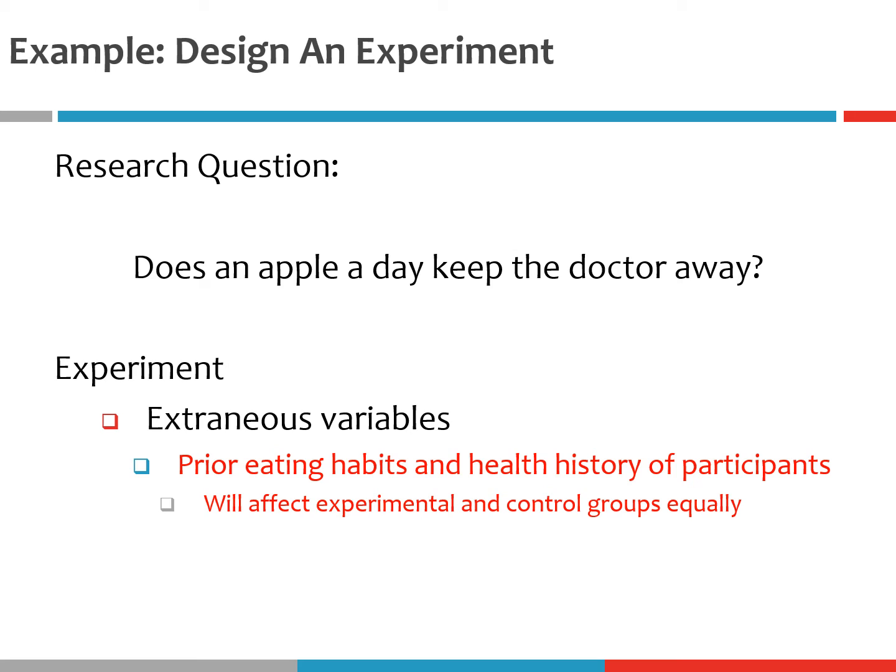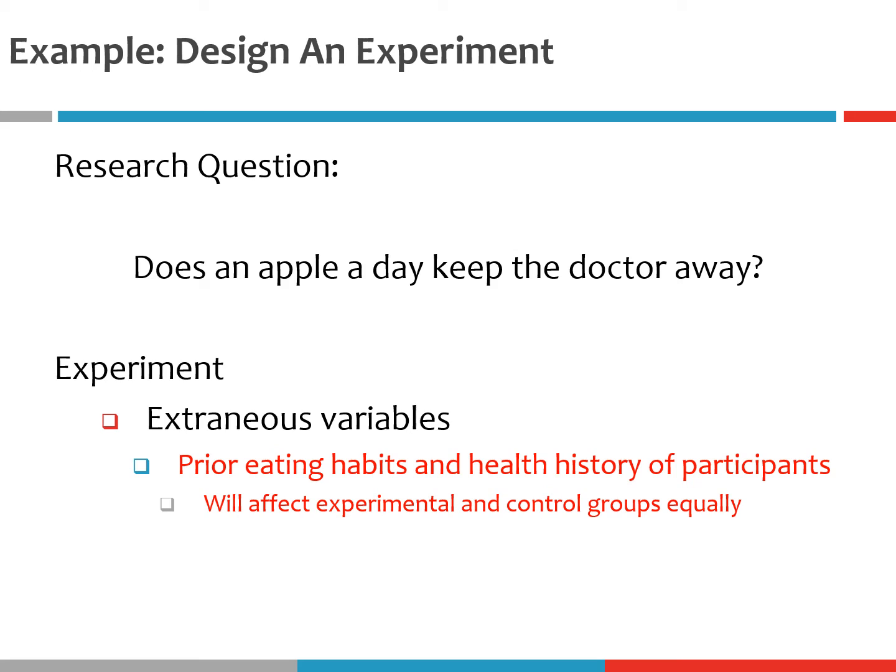Right? So what's an example of that? Well, an example of that might be prior eating habits and health history of participants, right? That's going to potentially play a role in terms of affecting the general health outcomes, right? If some of our participants already adhere to a fairly healthy diet, right?